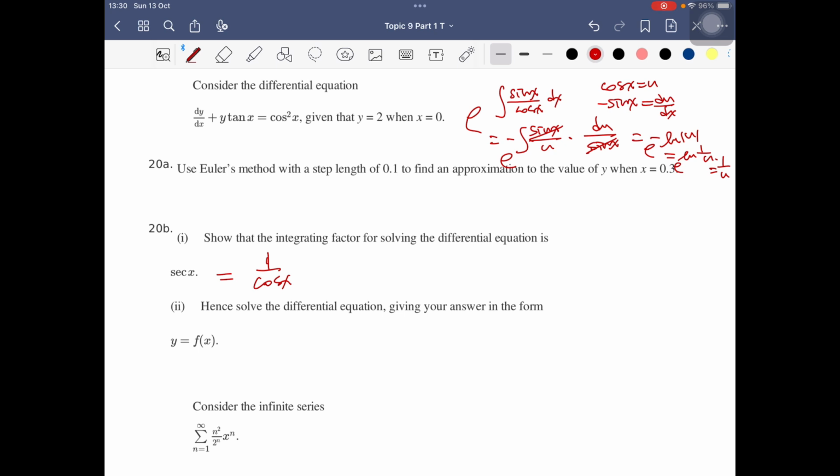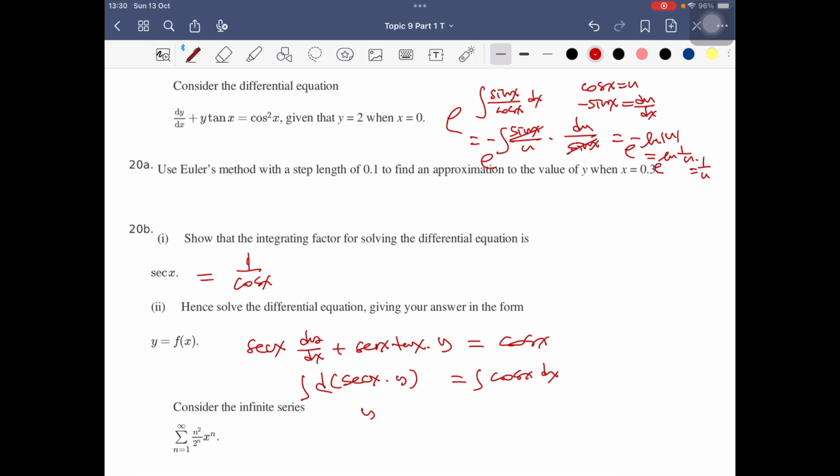So when we solve it, multiply by secant x: secant x dy over dx plus secant x tangent x times y equals cos x secant x. The left side is the derivative of secant x times y, so integrating cos x dx, y secant x becomes sine x plus c.